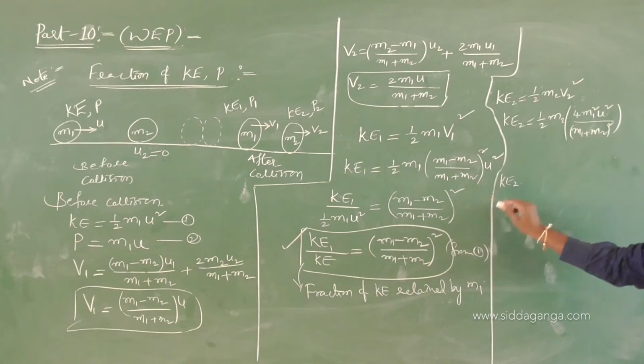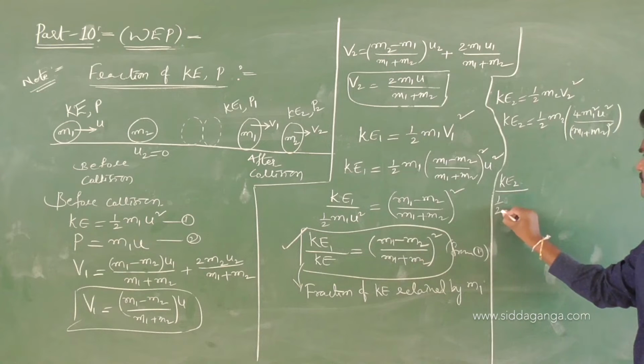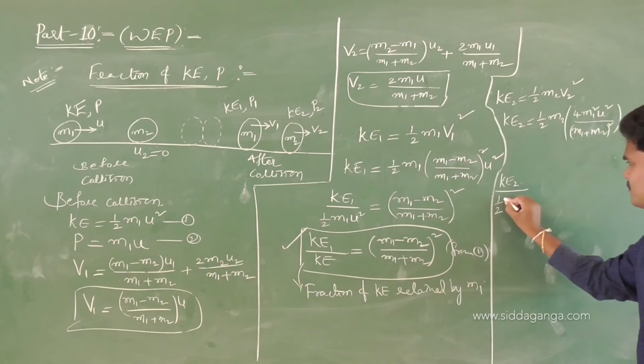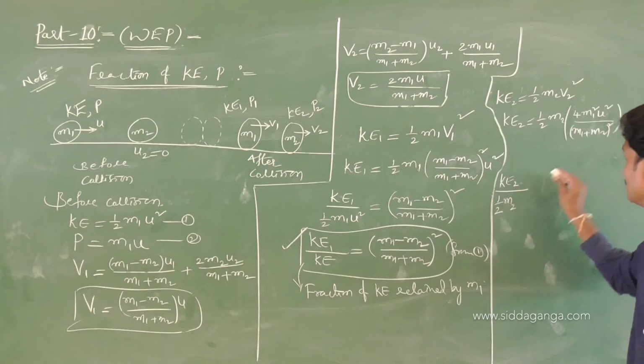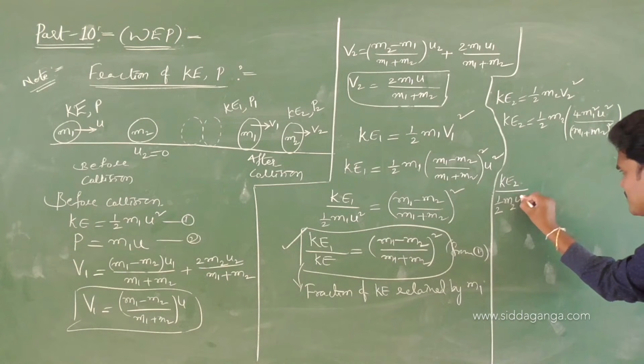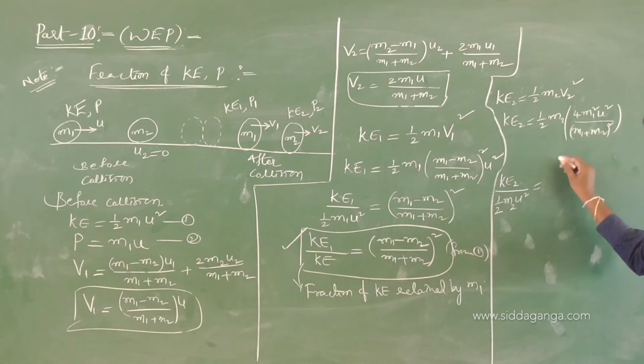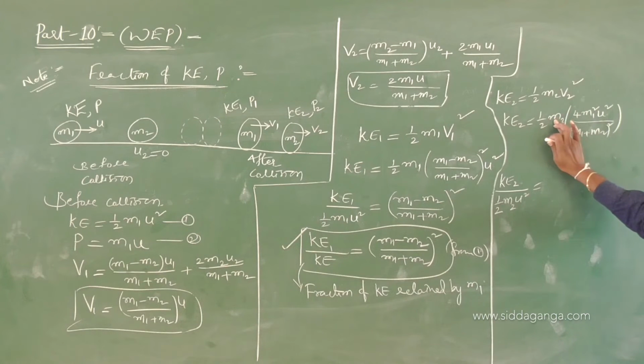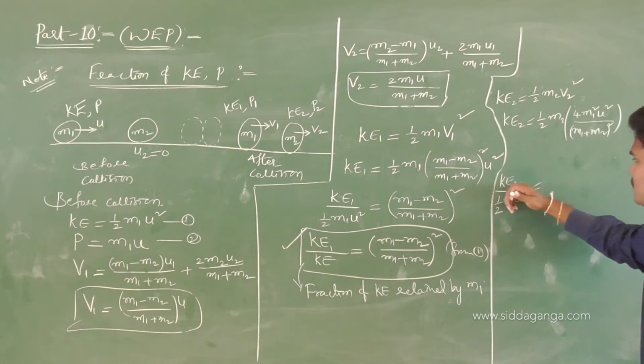Take half, u square to the left side. On the right side, 4 m1 square. Sorry, here m2 is there, so no need to take m2.